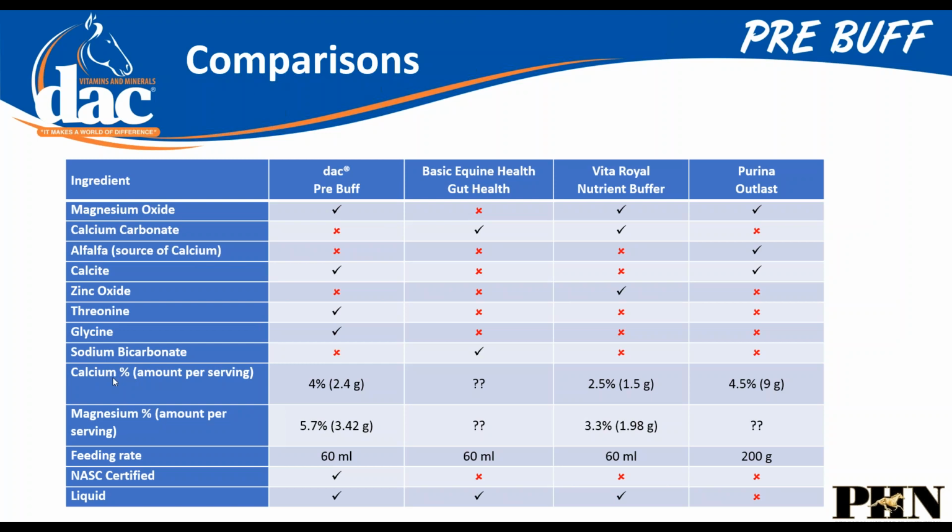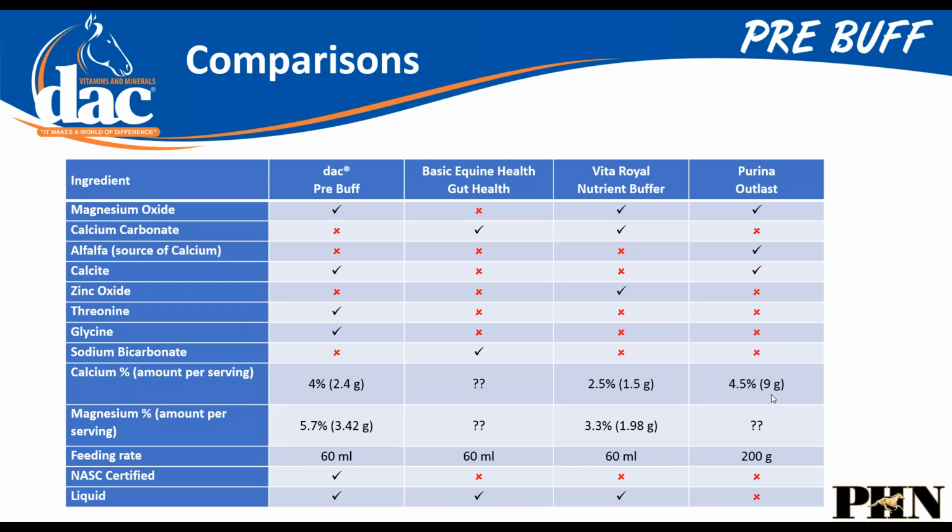The actual calcium percentage amount per serving, and as I mentioned, all of the calcium in DAC pre-buff comes from calcite, and so we've got about 2.4 grams, and it's 100% coming from calcite. You could see more calcium in competitors' products, but it's not all coming from calcite.